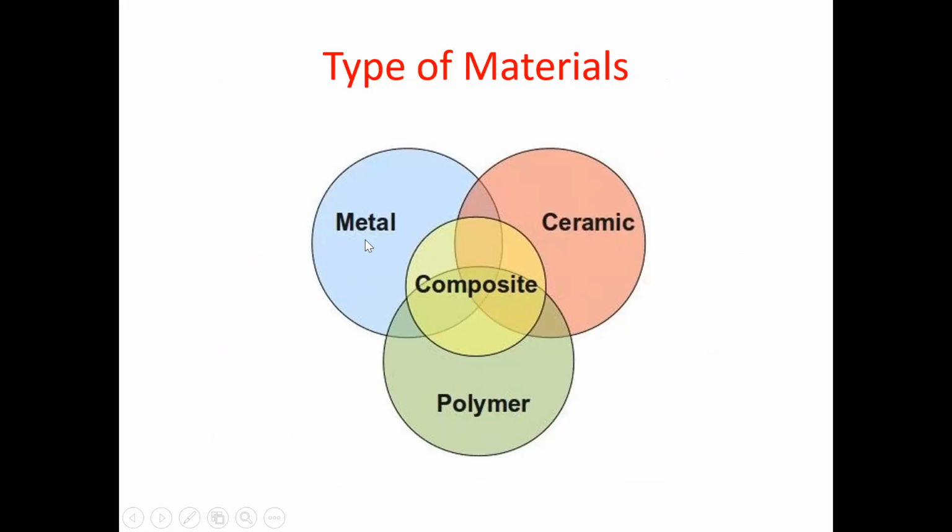Basically, there are three types of materials: metal, ceramics, and polymers. And when we tailor these materials in two or three, then it becomes composite. Okay, so namely we have four types of materials: metal, ceramics, polymers, and composite.